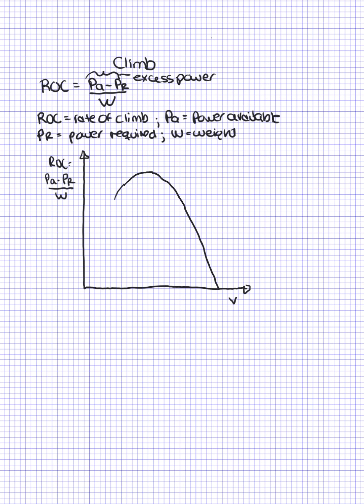Where the highest point on this curve, because this right here is rate of climb, that's going to be my max rate of climb, the highest point or best rate of climb, and the velocity that corresponds to that is going to be my Vy, where Vy is my best rate of climb or max rate of climb.